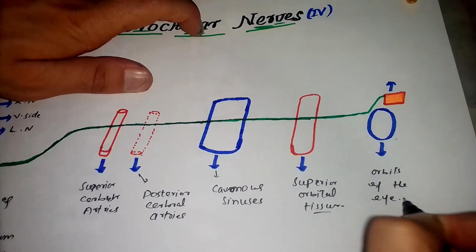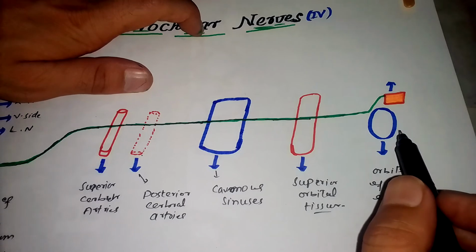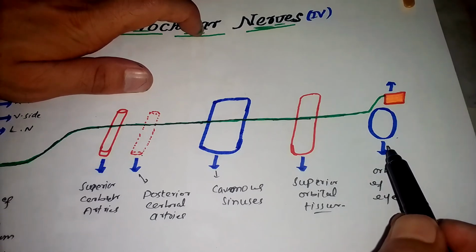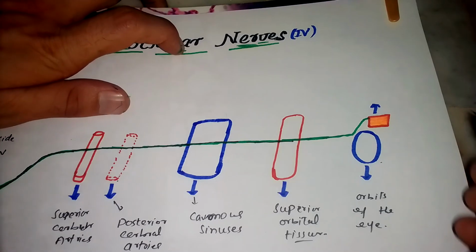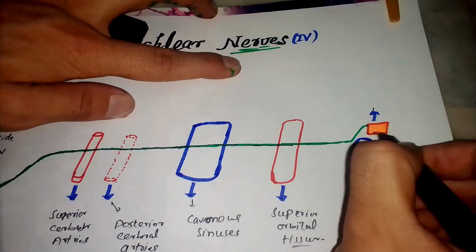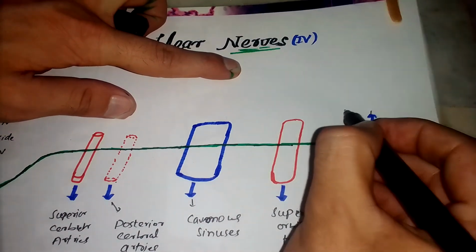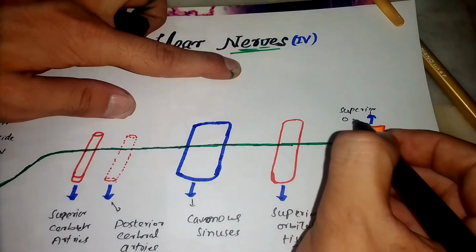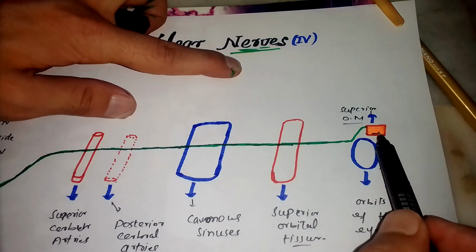When they move toward the orbit, they do not supply all the extraocular muscles, but they only supply one muscle of the extraocular muscles, which is called the superior oblique muscle. Okay, this is the superior oblique muscle.